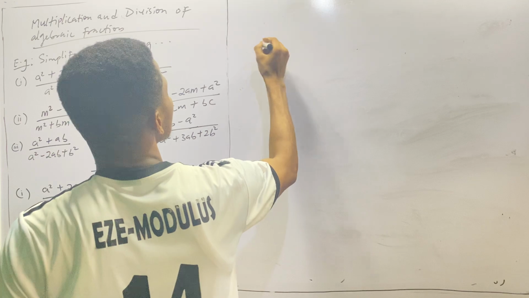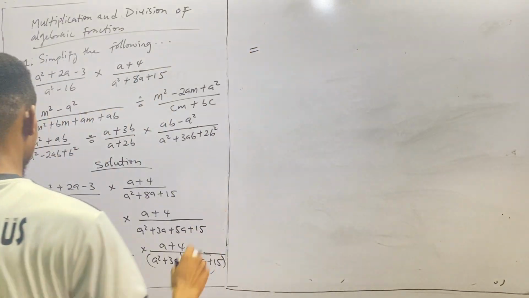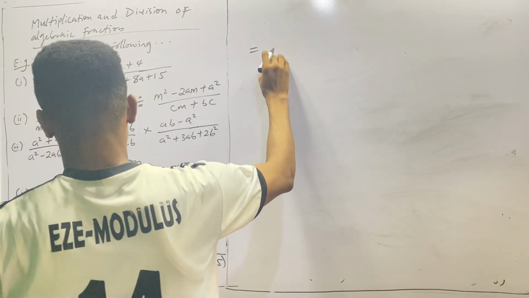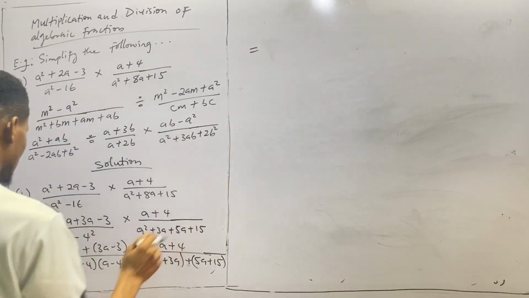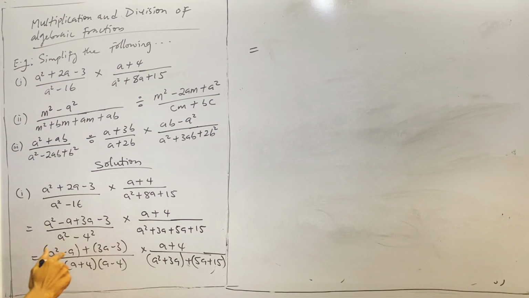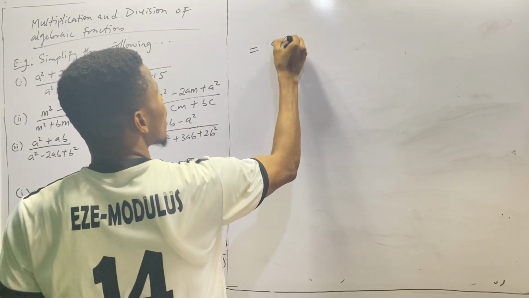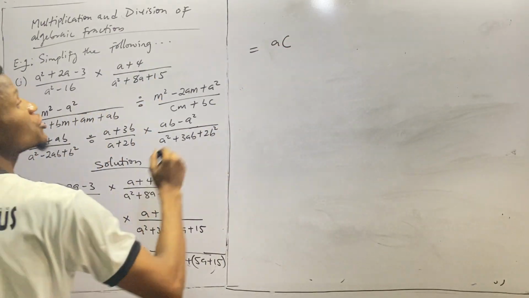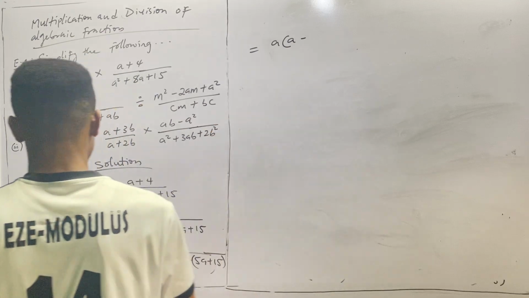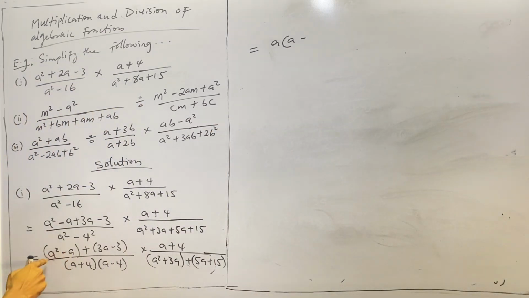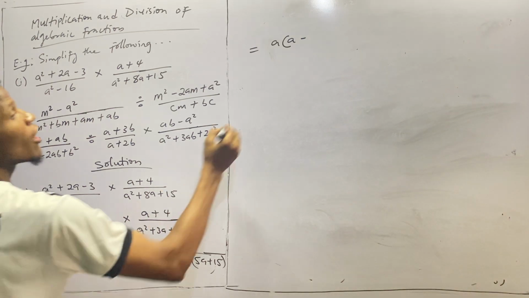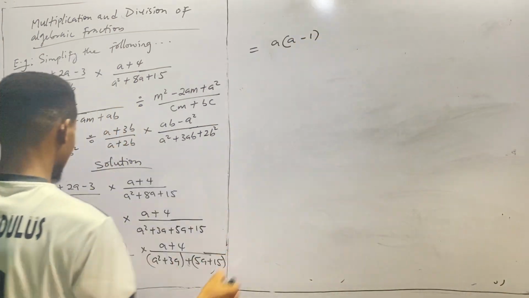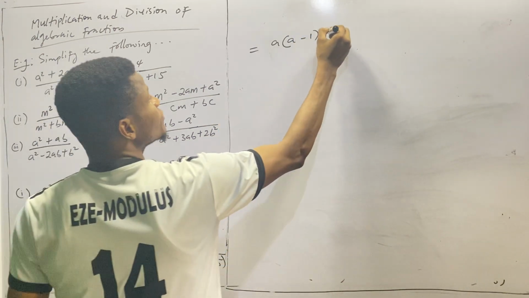So this will be equal to, okay, let's factorize. What is common? a is common. So we bring out the a outside. a divided by a squared, we have a, minus a divided by a, we have 1. Then plus sign.